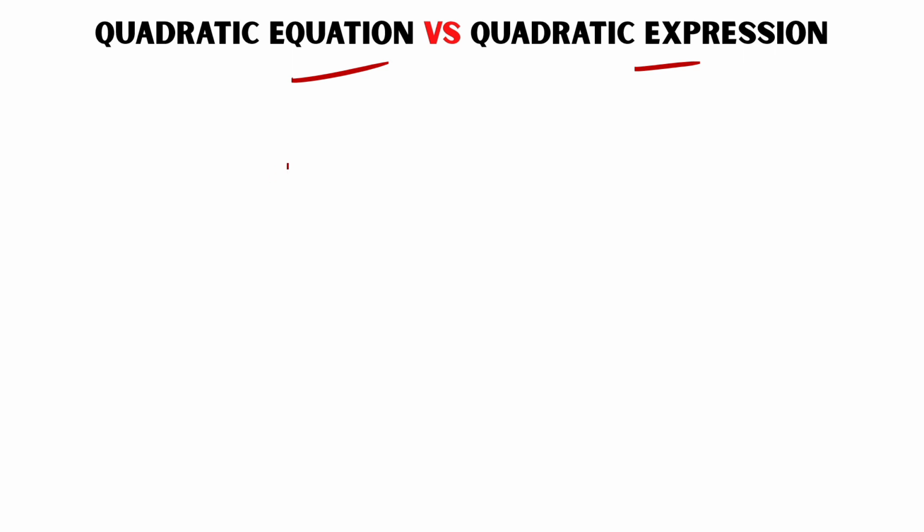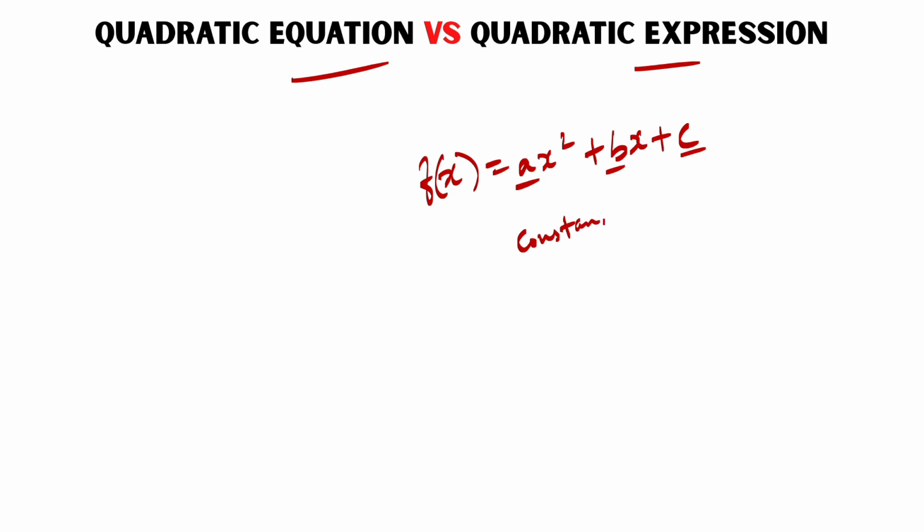Or quadratic function, let's say. If we say the quadratic function, the function or expression can be given by f(x) = ax² + bx + c, where a, b and c are constants, and a shouldn't be equal to 0.